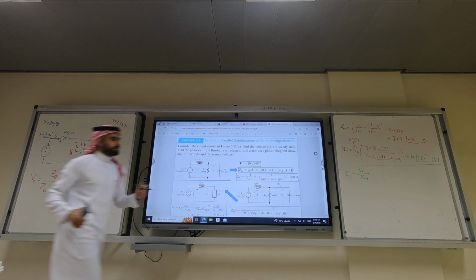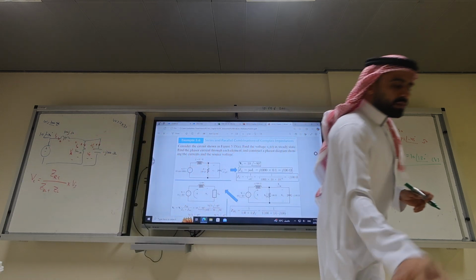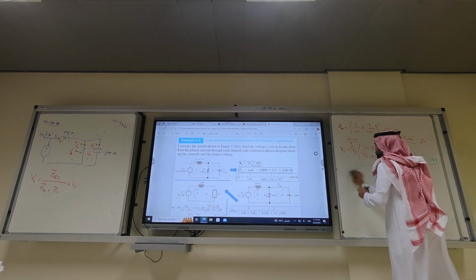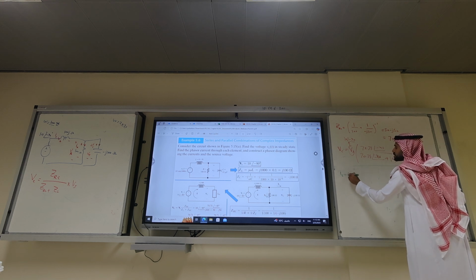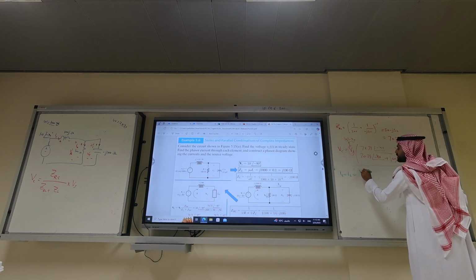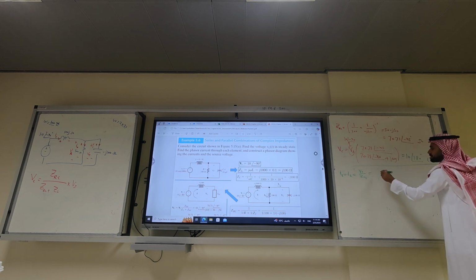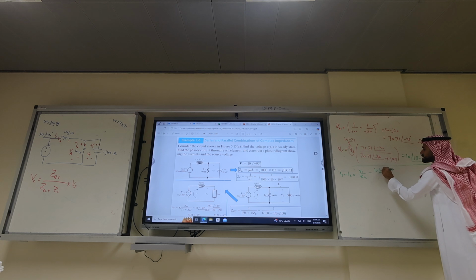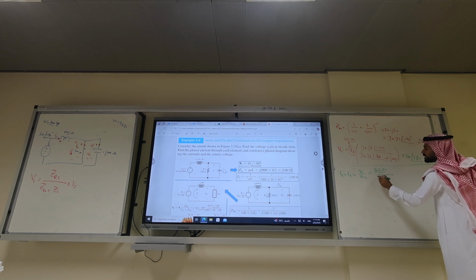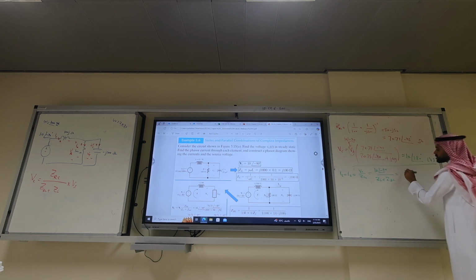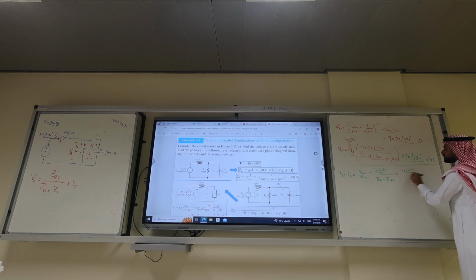So you can say Is equals IL equals Vs over Z equivalent. And now, what is Vs? 10 angle minus 90. What is Z equivalent? It is ZL plus ZRC, right? So it's 10 angle minus 90 over J100, that number, right? Plus 70.71 angle minus 45.